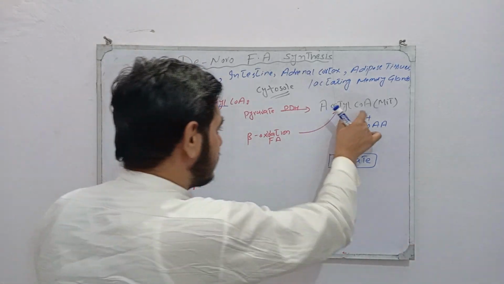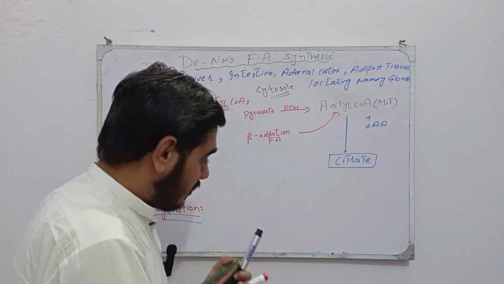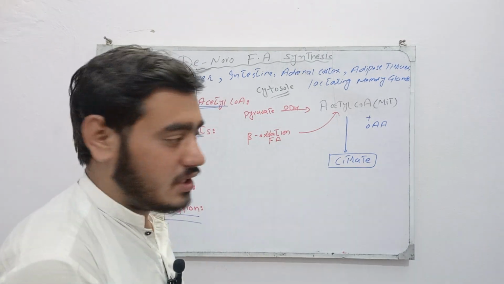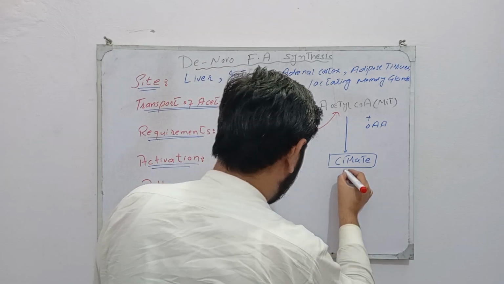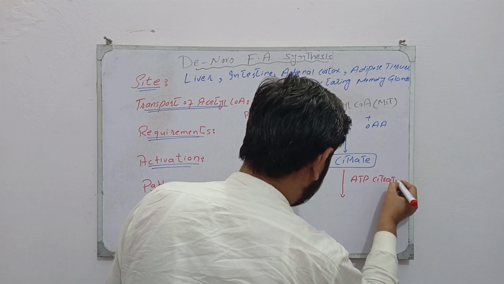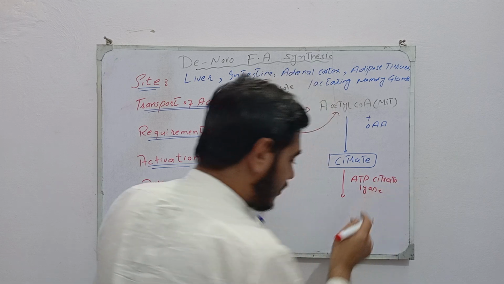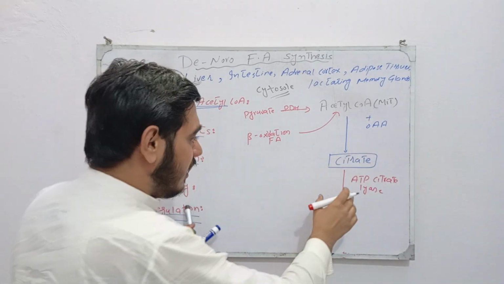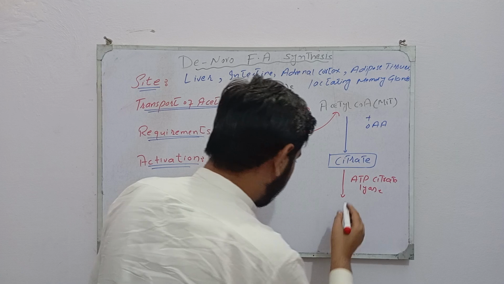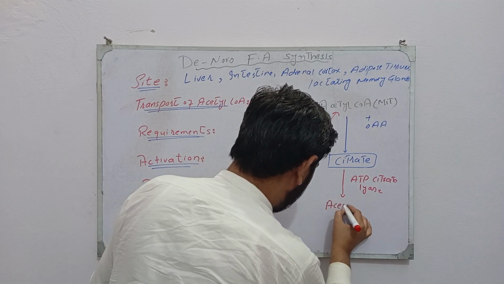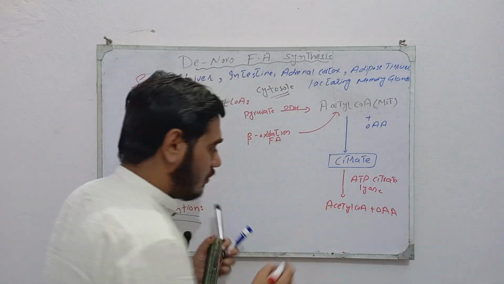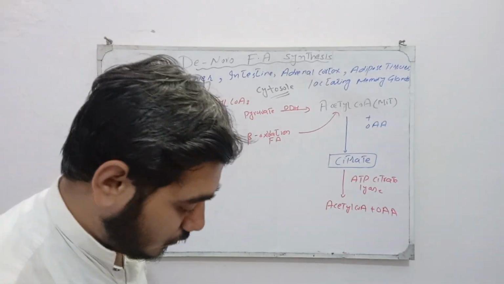The mitochondrial membrane is permeable to citrate, and citrate crosses the membrane, and in cytosol with the help of ATP citrate lyase it forms acetyl CoA and oxaloacetic acid. Now acetyl CoA is in cytosol.